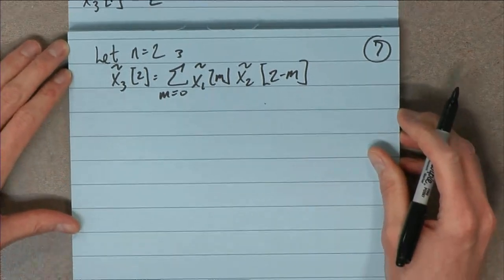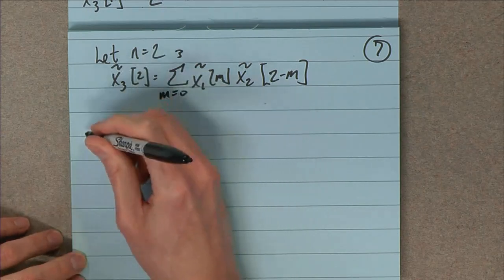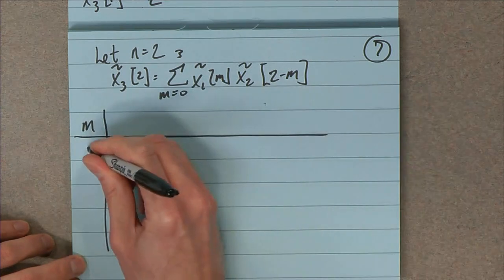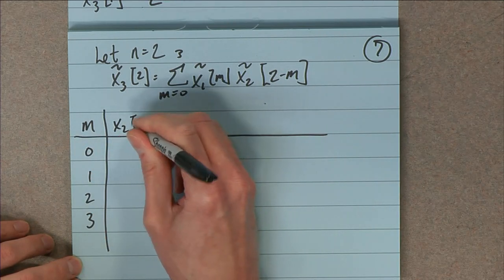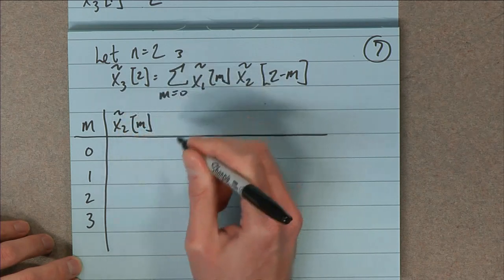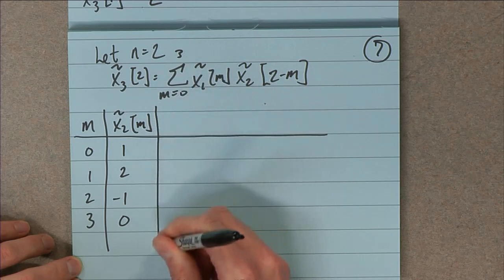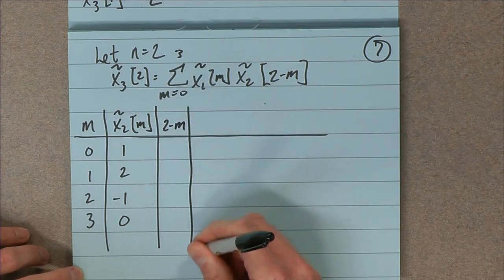So let's go ahead and fill that out. So let's see, we'll start with m. That's pretty easy so far. Same as before, 0, 1, 2, 3. Now we've got 2 minus m. So now things are different.